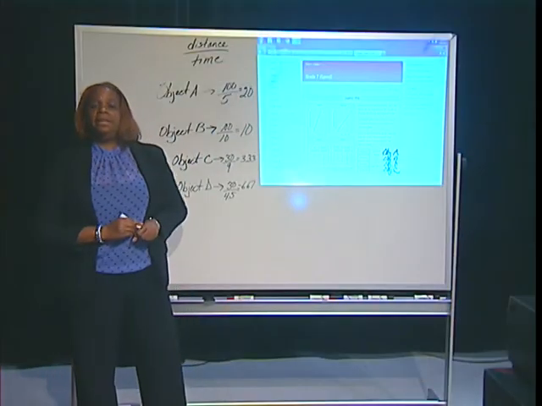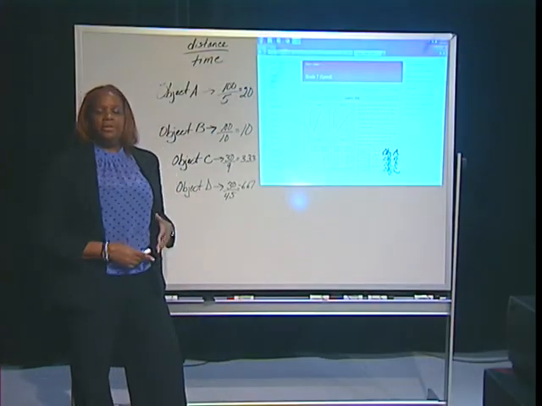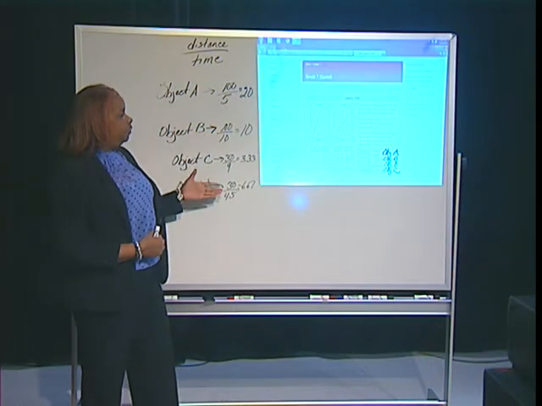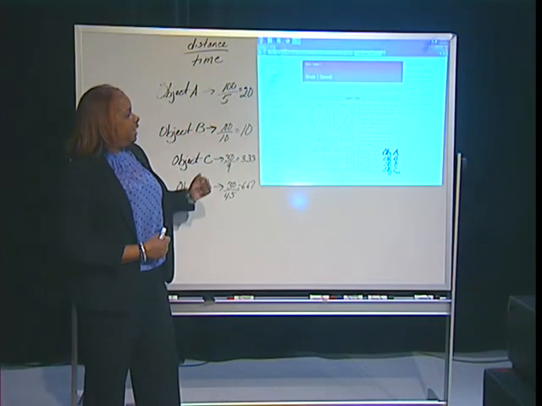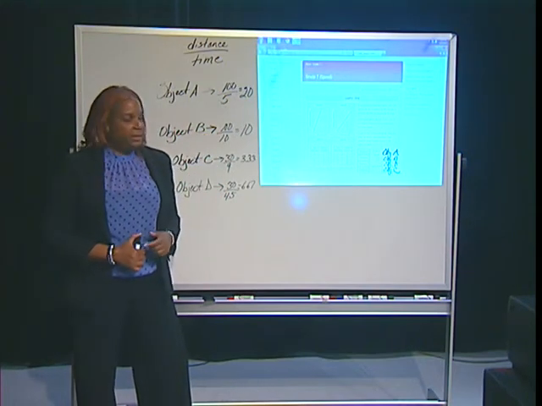We have placed these objects, the results of these 4, and we have put them in greatest to least.